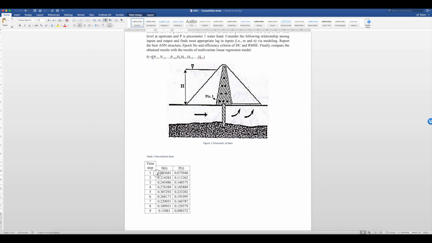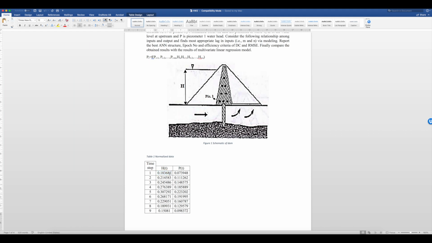For example, first of all, it is easier for ANN to be trained and to have consistent values of both variables, H and P. Therefore, normalization is widely used in most modeling using data-driven models such as ANN, ANFIS, linear regression. It also improves the performance of the models. So there are several reasons.